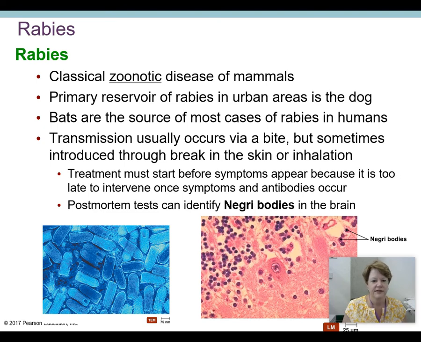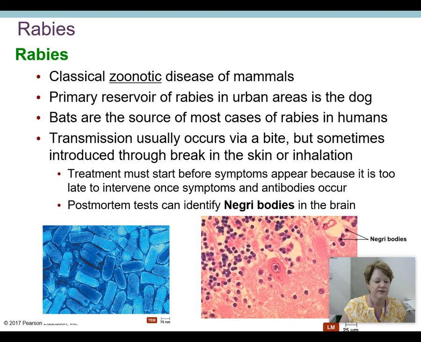So they start treating you even if you get bit by something and you're not sure if the animal had rabies or not. They will give you the treatment because it's 100% deadly. Then they will just give you the treatment, even if they're not sure that you even have contacted rabies.